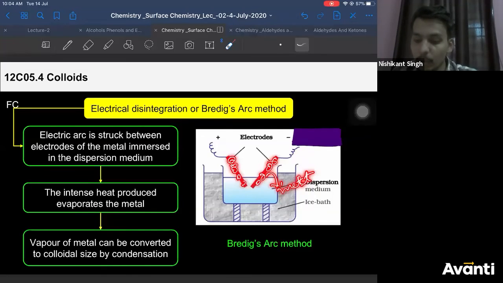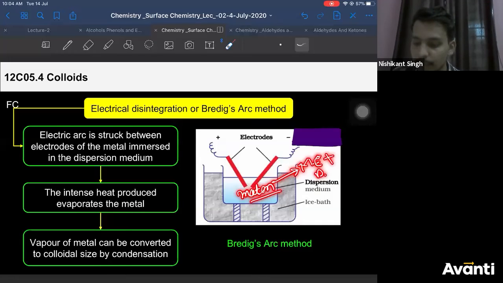And when your electrodes melt, they will mix with your dispersion medium. Right? So now your dispersion medium and your metal are in molten form. The molten form contains metal electrodes in the dispersion medium. Now this metal will act as your dispersed phase.